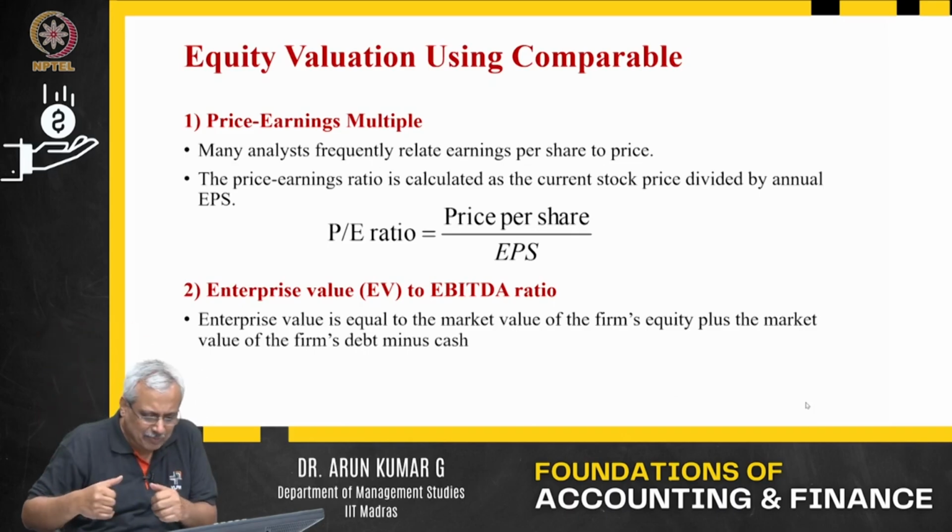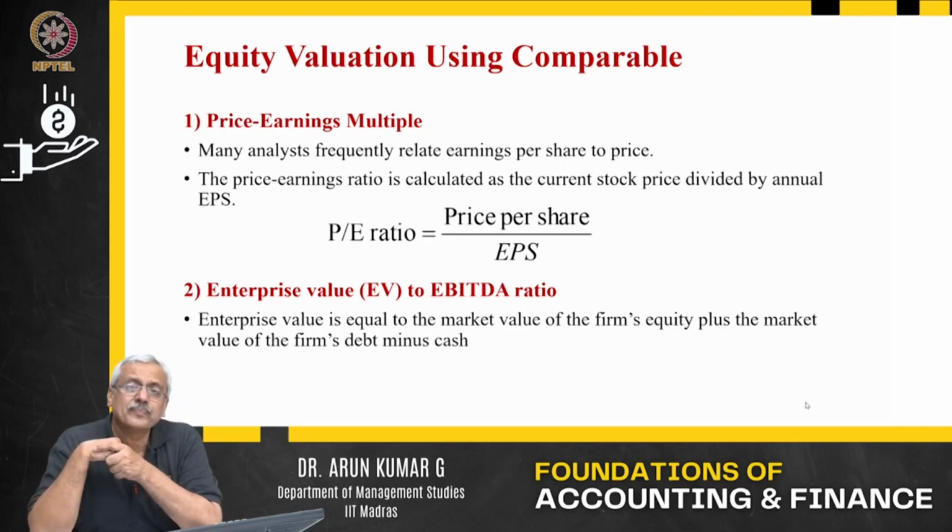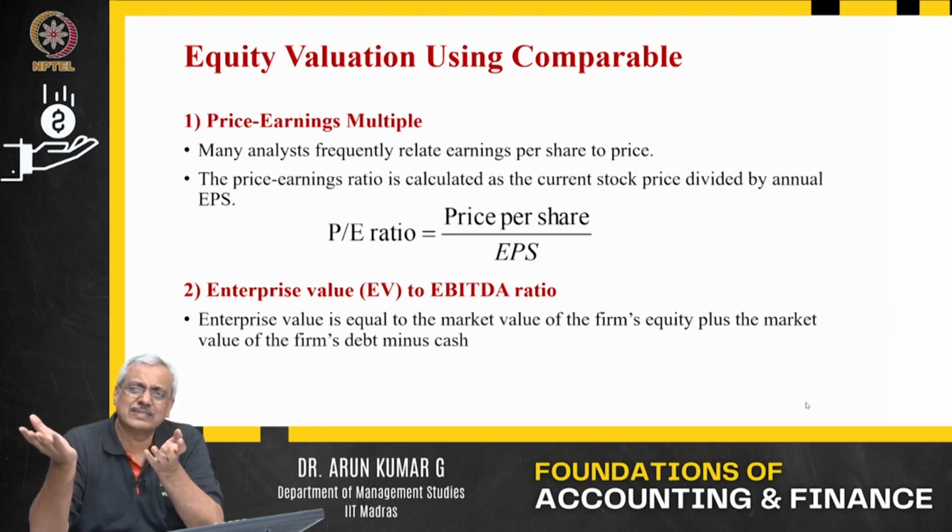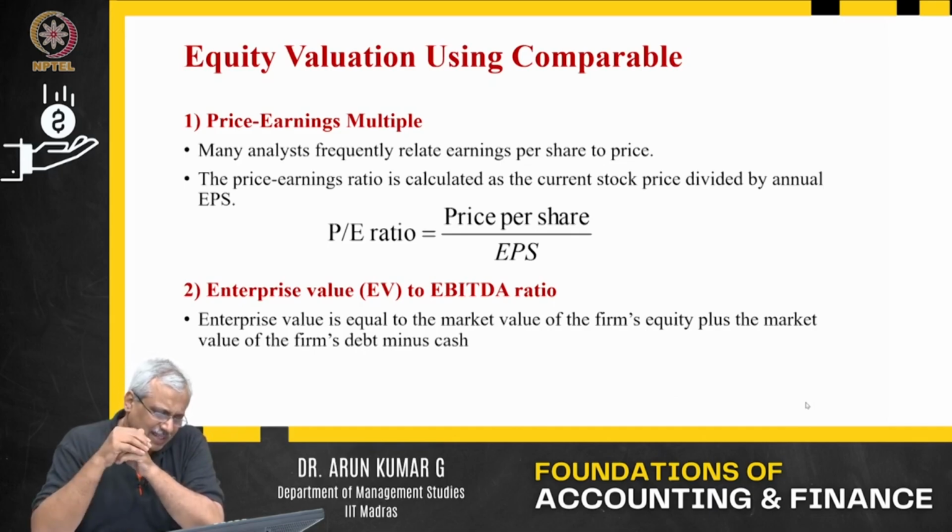Next we look at enterprise value and EBITDA. Enterprise value is equal to the market value of the firm. Market value of the firm is whatever is the share price multiplied by the number of equity shares, plus the market value of the firm's debt, minus cash.